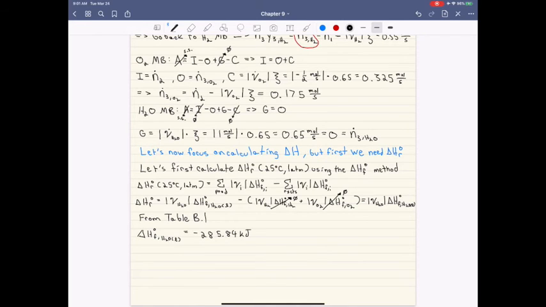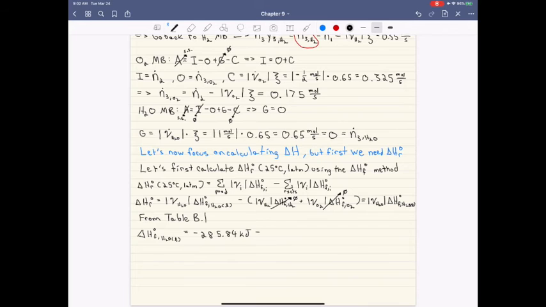And you have to be careful. Make sure you looked up the value for liquid water, not the vapor or gaseous water, because that's a different value. Remember, that takes into account the enthalpy of vaporization. So we want the value for liquid water, and this was our enthalpy of formation.